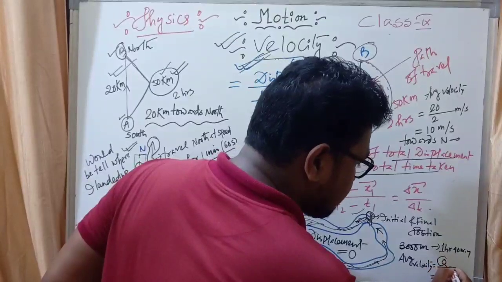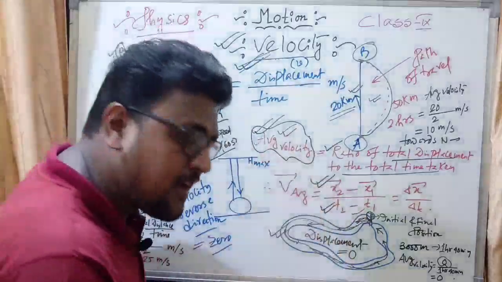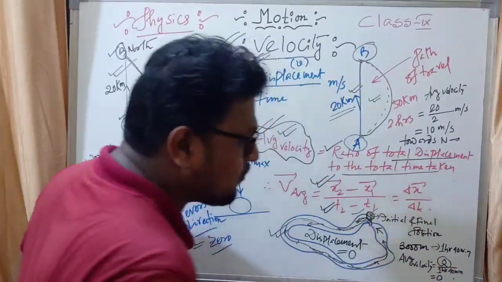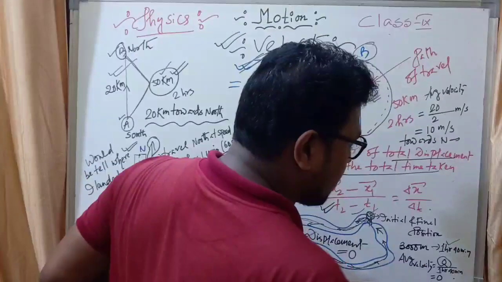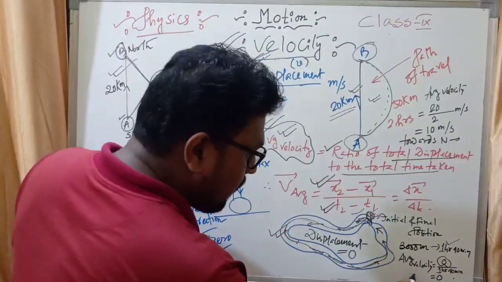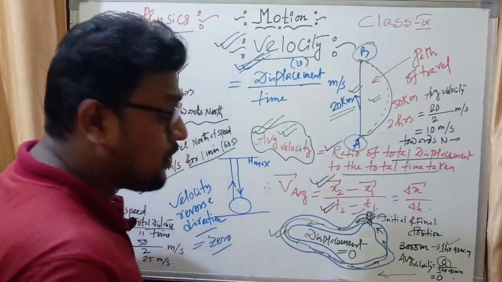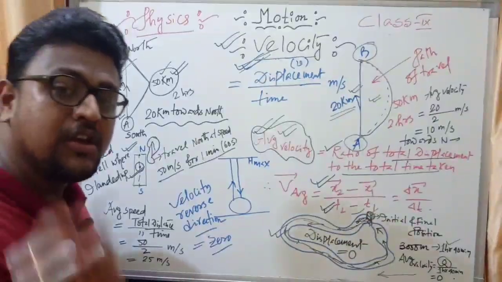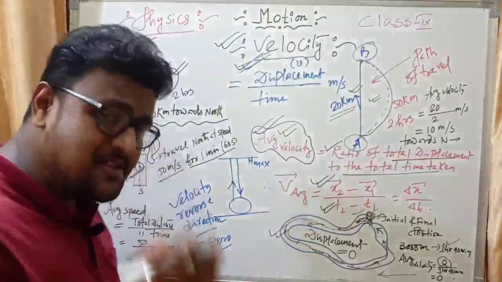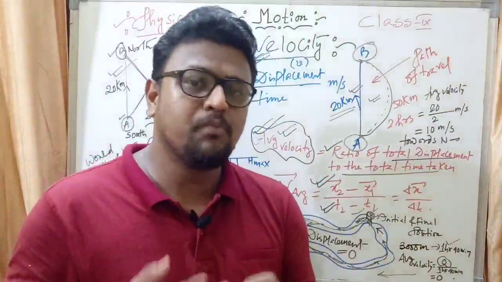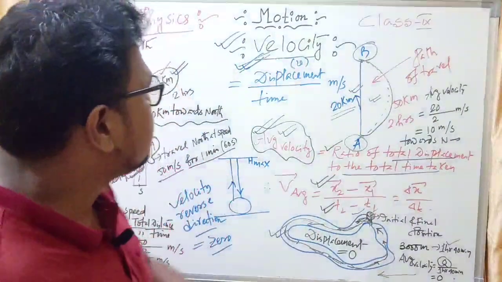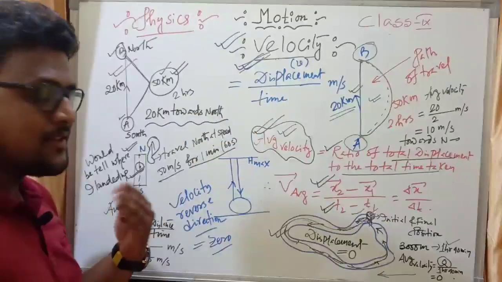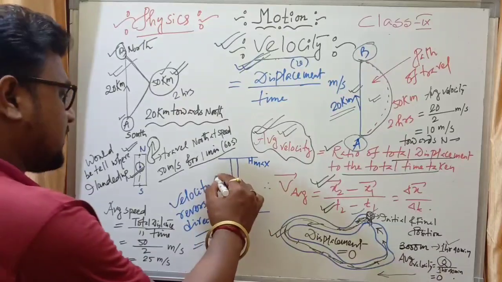That's why here the initial and final point are the same. That's why 0 divided by the time given, 1 hour 40 minutes. That means if the starting and final destination point are the same, their average velocity should always be 0. So that is the basic concept of velocity and speed.